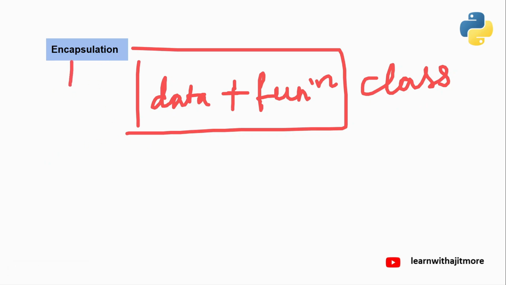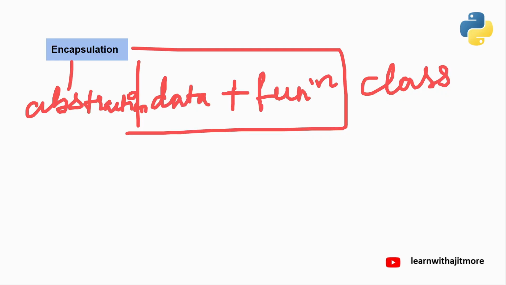And remember, encapsulation only leads to abstraction. Now you'll say, what is abstraction? Abstraction means hiding the important things and only making the relevant things, which are needed, available to the outside world.